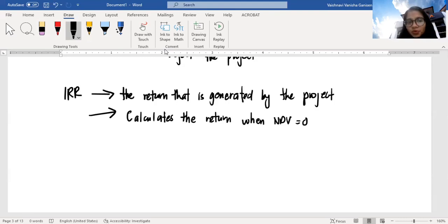So normally, when you are supposed to make a decision involving IRR, what you need to be very sure of is, number one, not only is IRR the return of the project, you need to also understand that you will not pay the investors the IRR percentage.